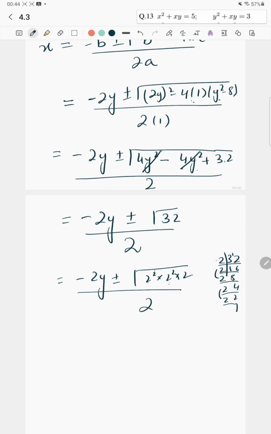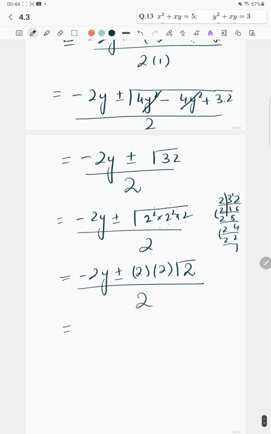We can write it as 2 square times 2 square times 2, which is equal to 32. Now the squares cancel with the square root and we get 2 here, and 2 here. And for this last 2, the square root cannot be cancelled as it does not have a square. So we get minus 2y plus minus 4 square root 2, divided by 2.